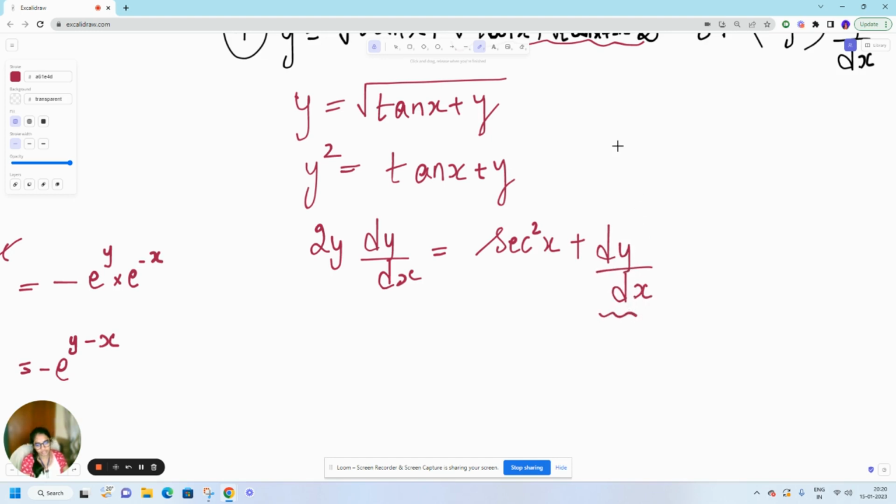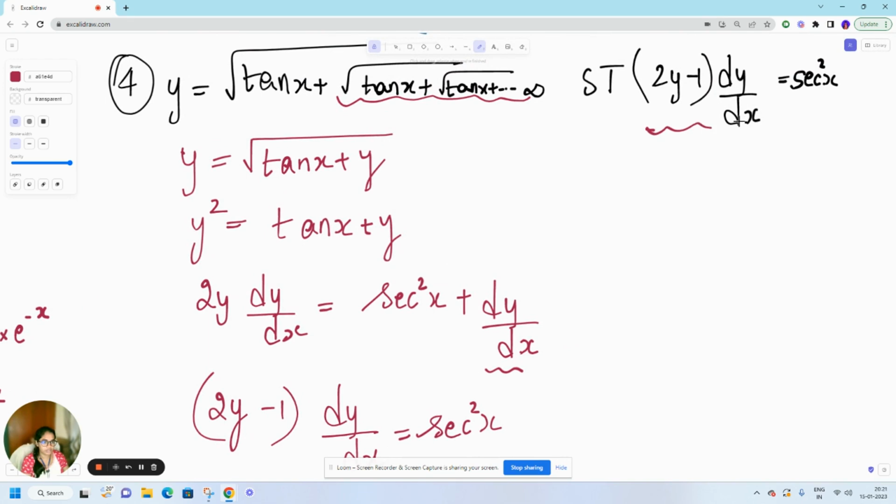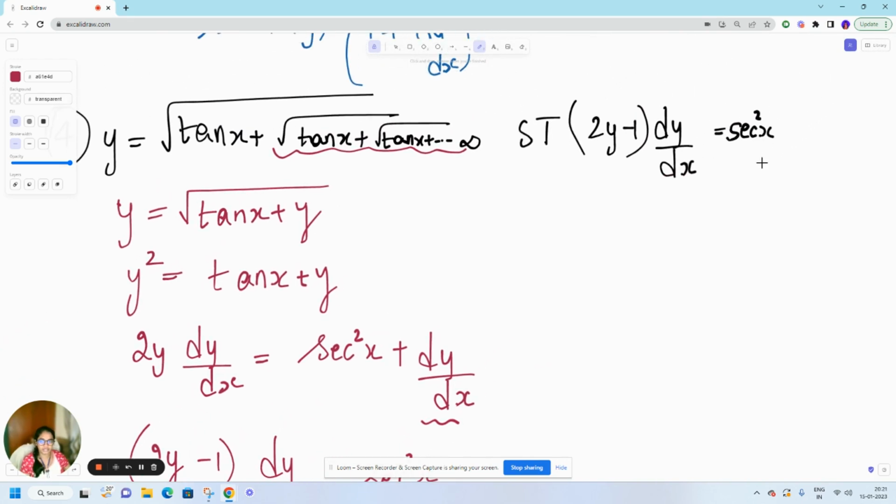Let me send this dy/dx to the LHS. I would get (2y − 1) dy/dx is equal to secant square x. Easy. This is what we had to prove.